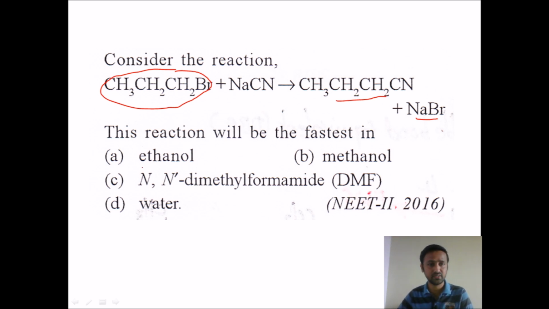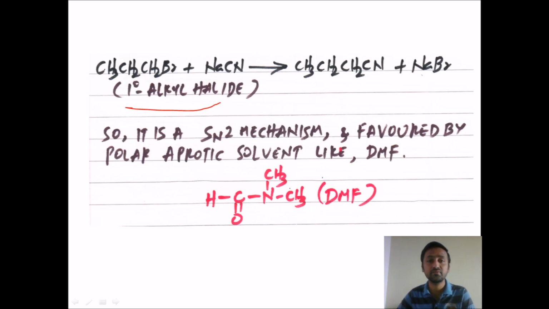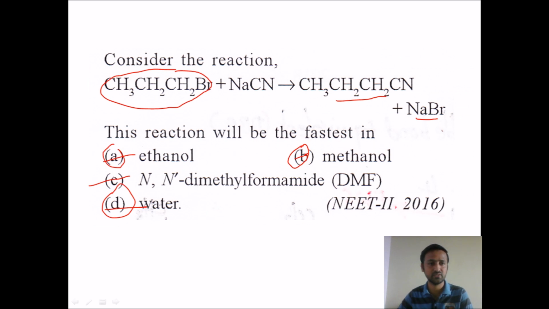You can see the options given here: ethanol, methanol and water. These three are polar protic solvents. Only one option, N,N-dimethylformamide or DMF, is an example of a polar aprotic solvent. So as it is an SN2 mechanism, we need a polar aprotic solvent like dimethylformamide. So the right answer for this question is option C.